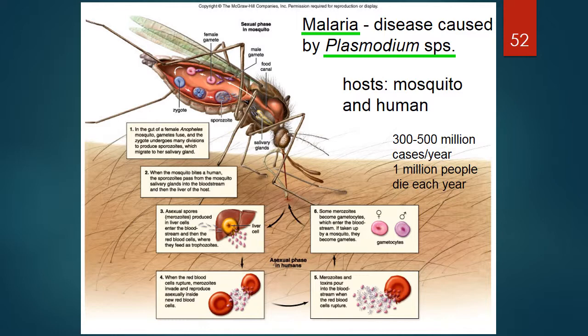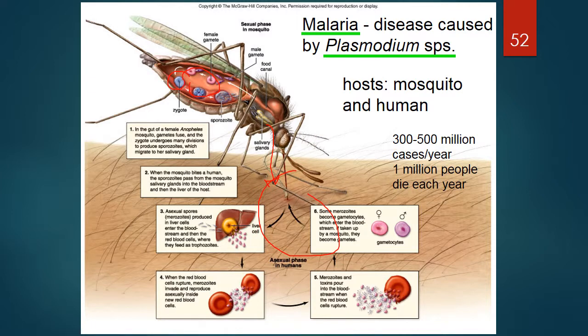So what happens is, if you can look in this picture pretty quickly, let me get my pen again. You can see how the zygote is here in the gut of the mosquito. All of this takes place, and then spores are produced. As it is injected into humans, then there's another life cycle there, and it makes people obviously very sick.